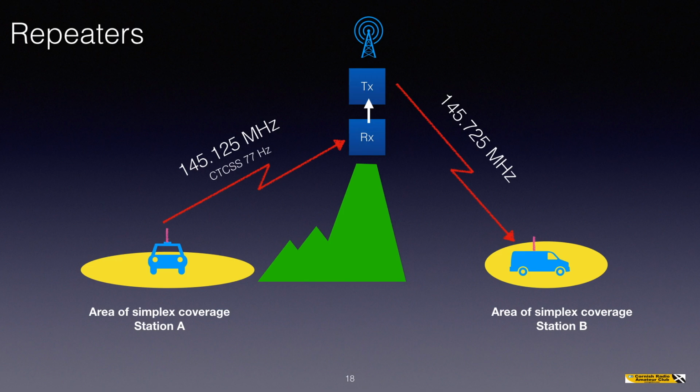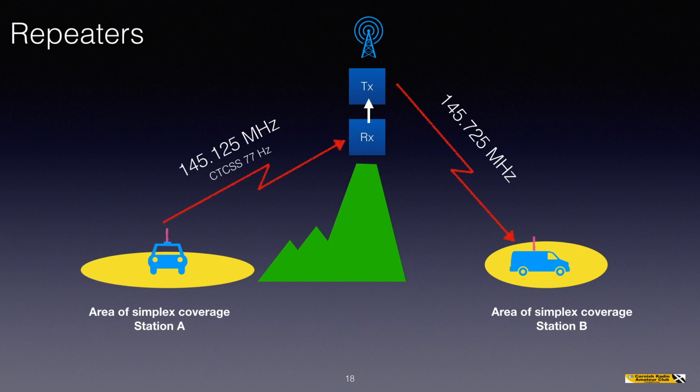In other words, the transmit is 600 kilohertz more than the receive. Or, putting it another way, the receive is 600 kilohertz less than the transmit. So we talk about the transmit offset as being minus 600 kilohertz.